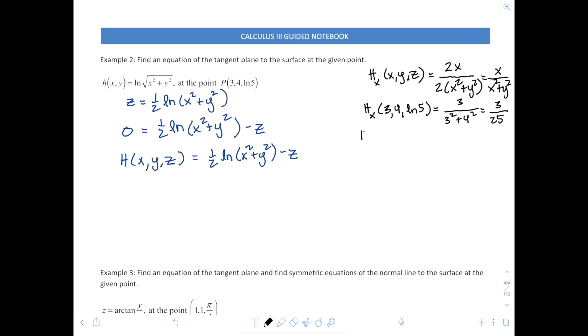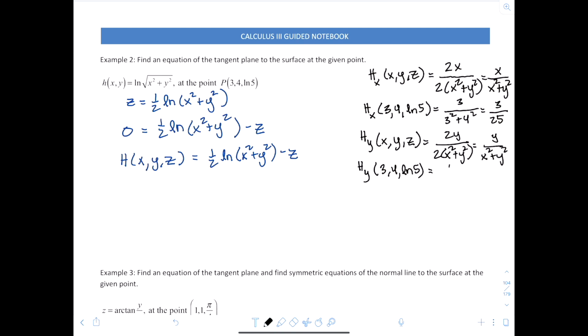All right, so hy at x, y, and z will be very similar, but we'll end up with 2y over 2 times x squared plus y squared, which would be y over x squared plus y squared. And so hy at 3, 4, natural log of 5 will be 4 over 3 squared plus 4 squared, so we'll get 4/25.